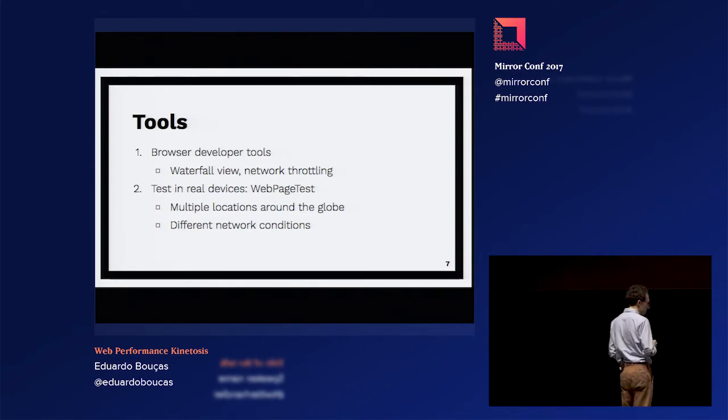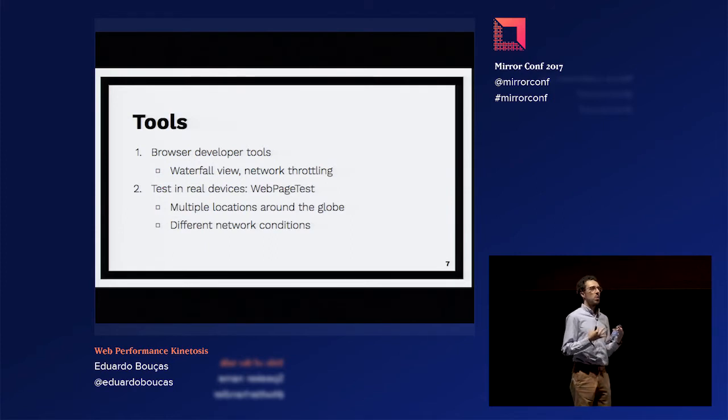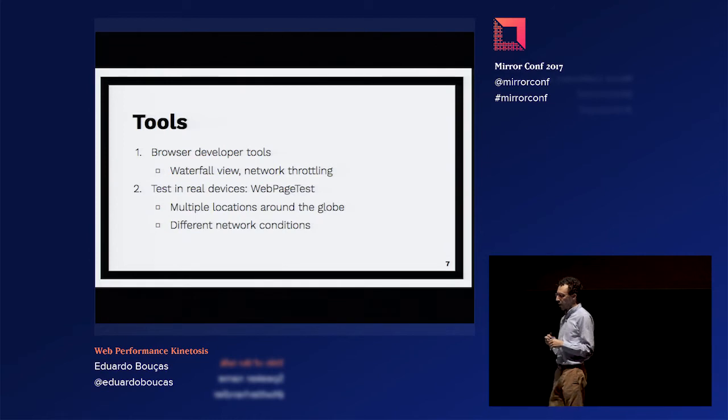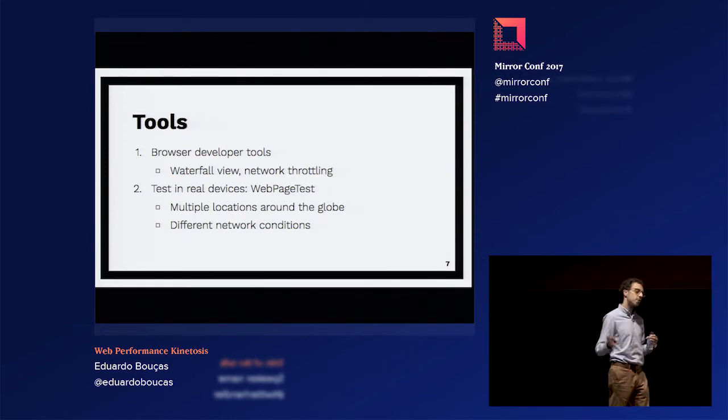Another very useful tool that most browsers include these days is network throttling, which enables you to roughly simulate how your website would be experienced on a different type of connection.